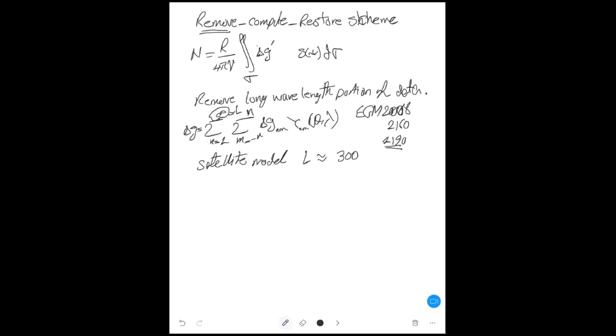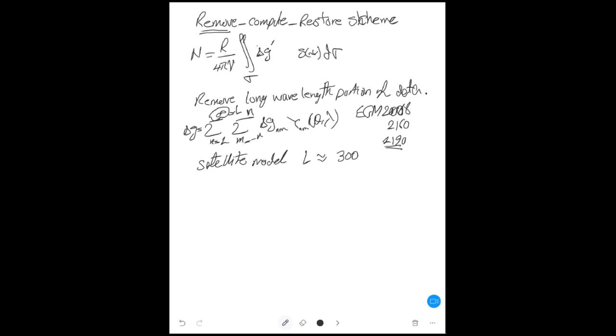This step is called remove. It means that it is removed from the data. The data without the long wavelength portions are used to compute the geoid.